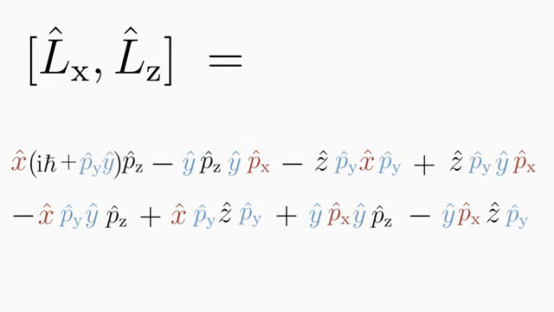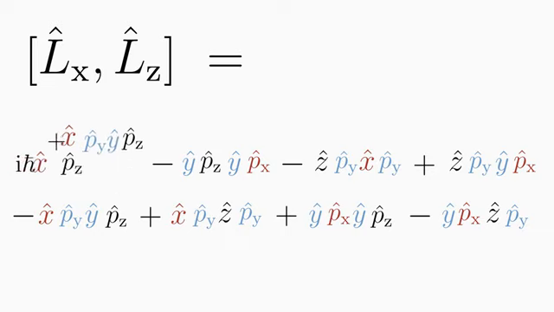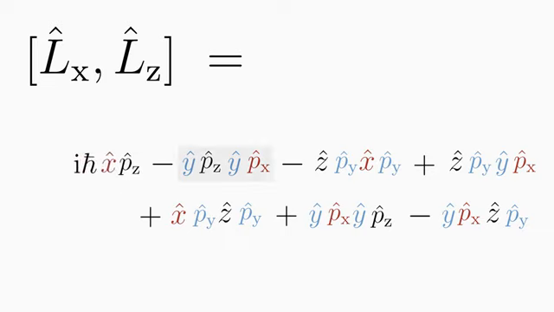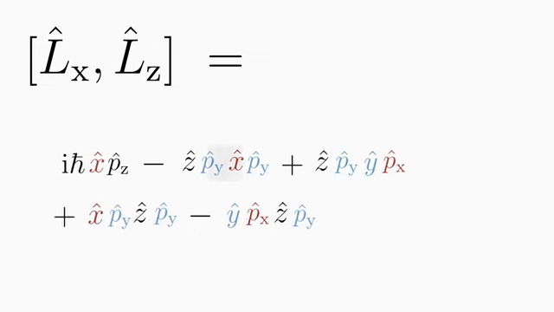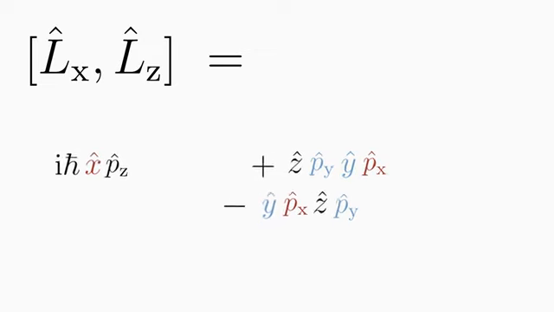Next, we multiply out the bracket. This term cancels out. In this term, we can interchange all operators without problems and eliminate it with the other term. And also in this term, operators can be interchanged so that it cancels out with this term.